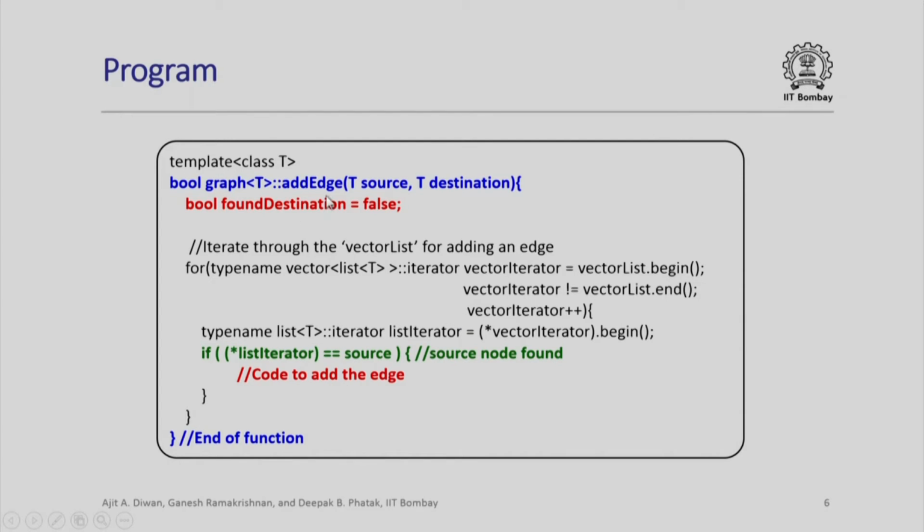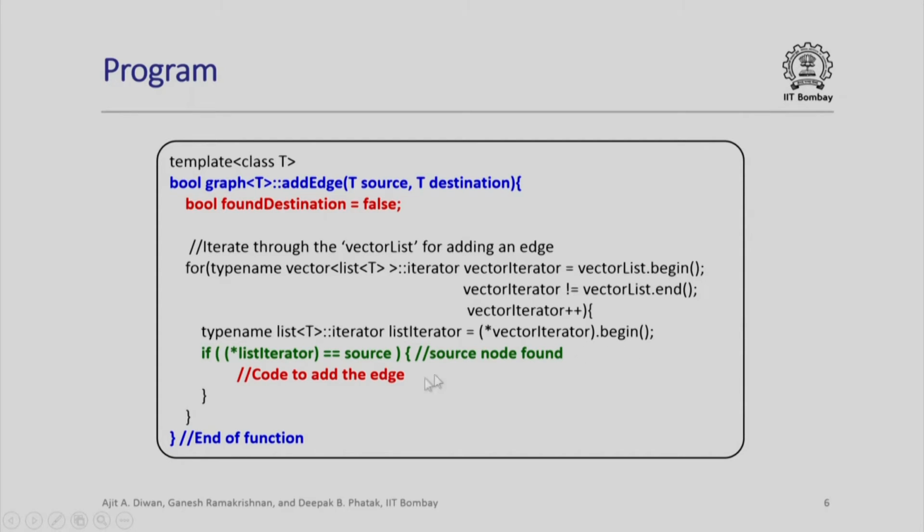So, let us look at the add edge function. We begin with the assumption that the destination is not found. So, we set false to the bool found destination. Now, we have the same iteration that we had seen earlier using the vector iterator. Again, for each iteration we start with the vector iterator dot begin for that particular vector list, and now we will look at all the elements of that vector list.